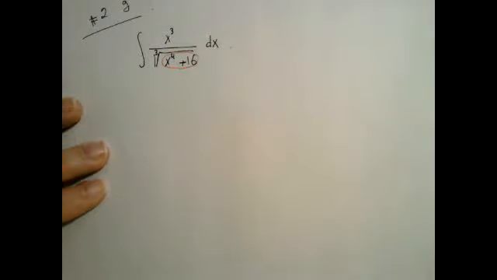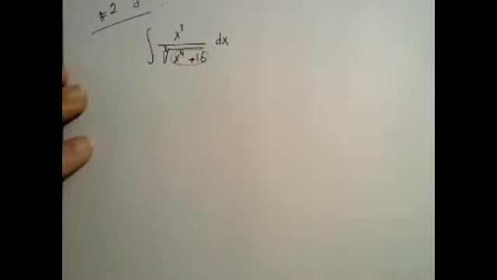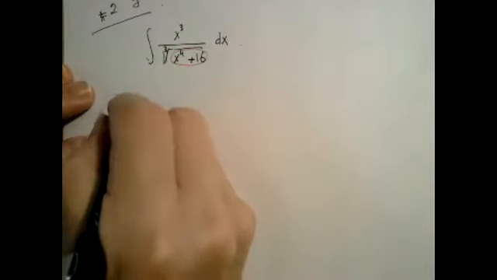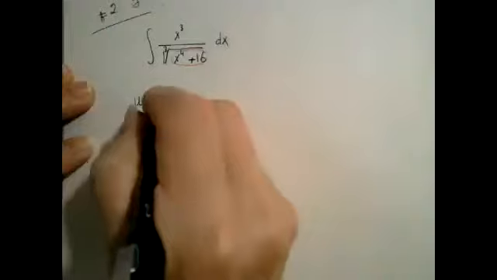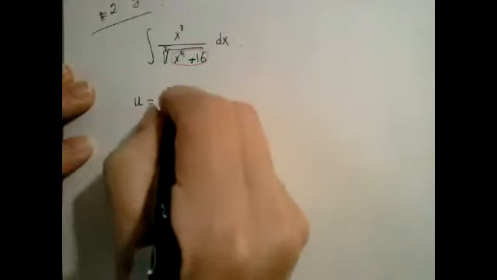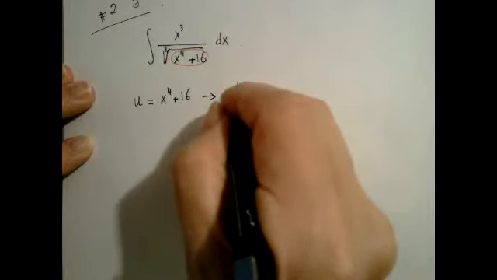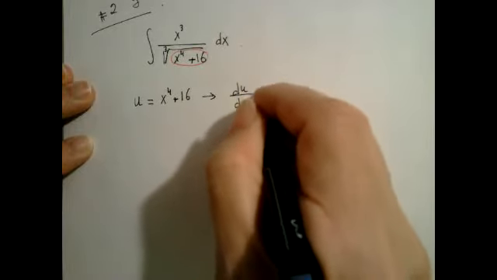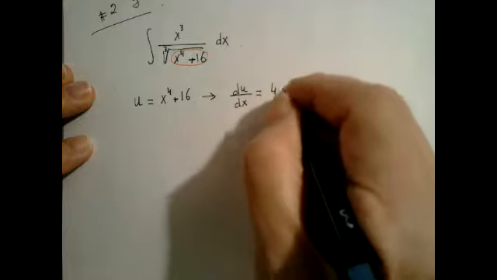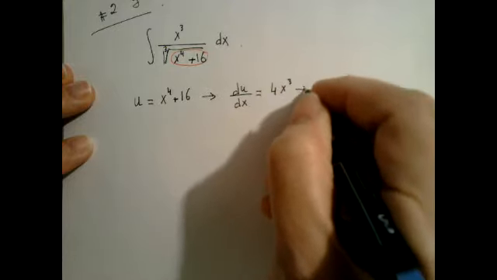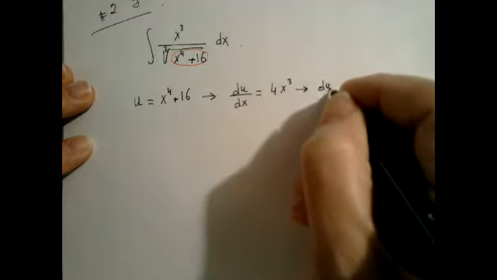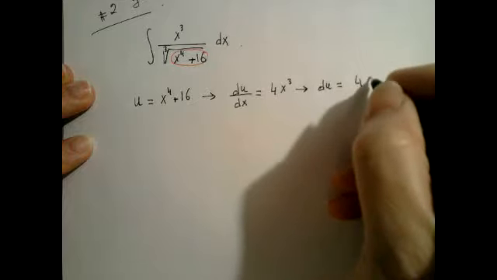So we're going to go ahead and set up our u to be this inside function. We evaluate du dx, which is nothing more than the derivative. It's 4x cubed. We multiply by dx to isolate du.